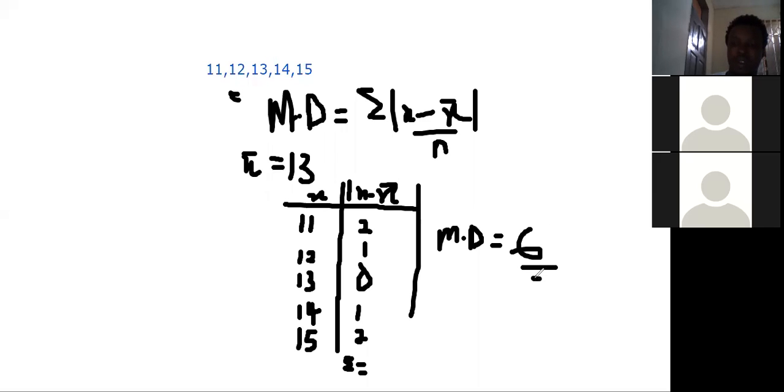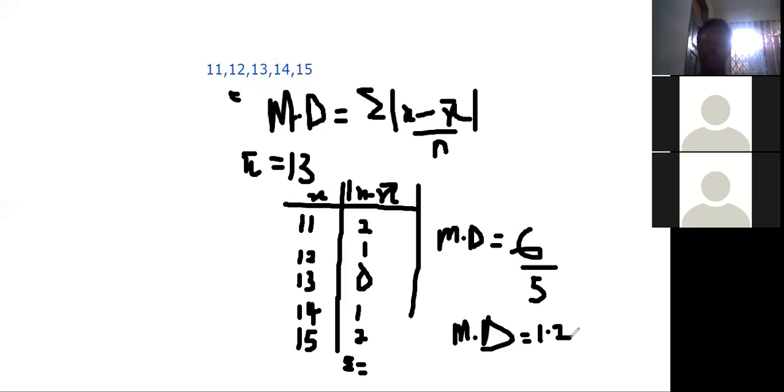So 6 all over 5. So our MD will be what? 1.2. Good. So that is it. I hope you get how we went about it.